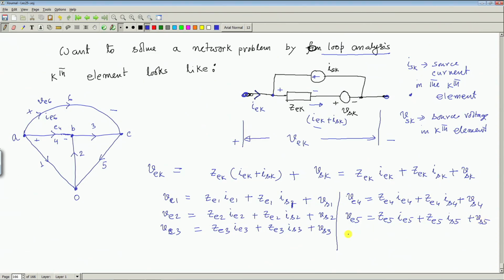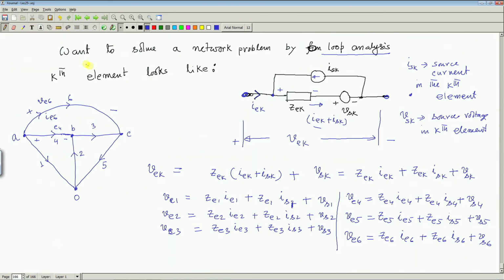Finally, the last element for this particular problem will be ZE6 IE6 plus ZE6 IS6 plus VS6. Now, all these 6 equations can be written in a matrix form as this.